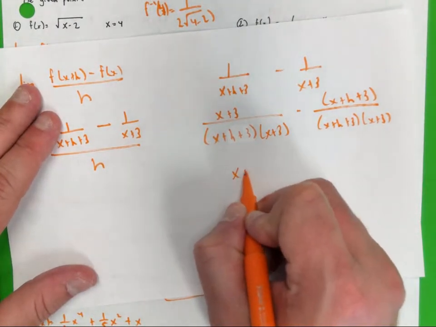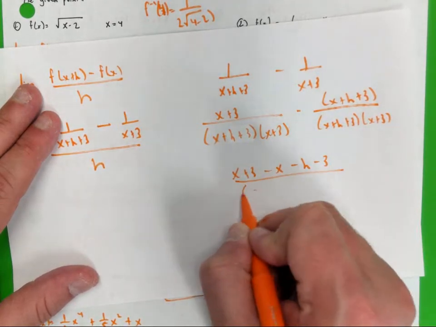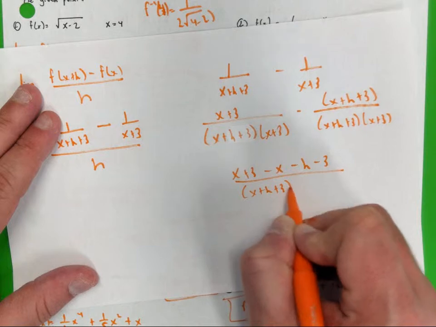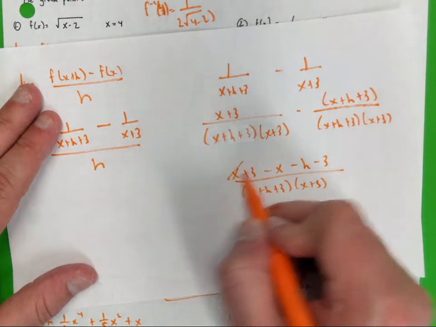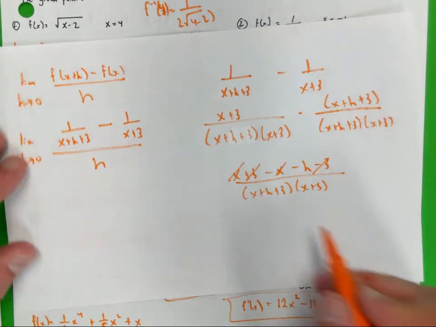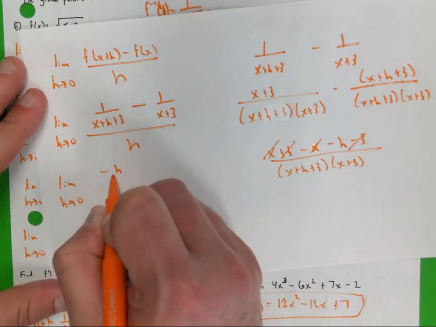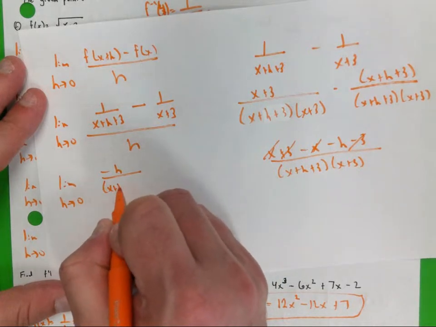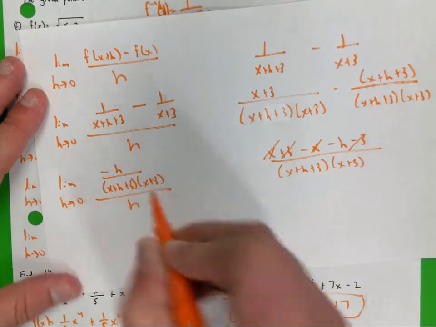So you get x plus 3 minus x minus h minus 3 all over x plus h plus 3. Everything that doesn't have an h should cancel out. So I'm left with the limit as h approaches 0 of negative h over x plus h plus 3 times x plus 3 all over h.